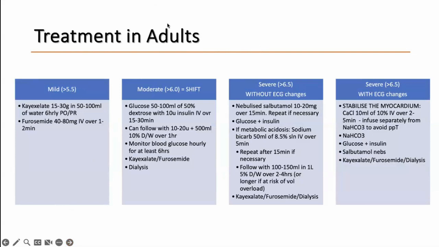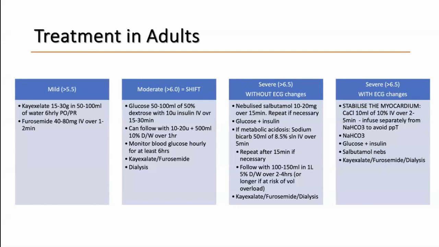Then you're looking at your moderate, so more than 6. You need to think about shifting at this point. Like we said, there are 3 different ways to shift. You've got your glucose and insulin, you've got your salbutamol, and then you've got your sodium bicarb. When you're looking at moderate, you want to use your glucose and your insulin.